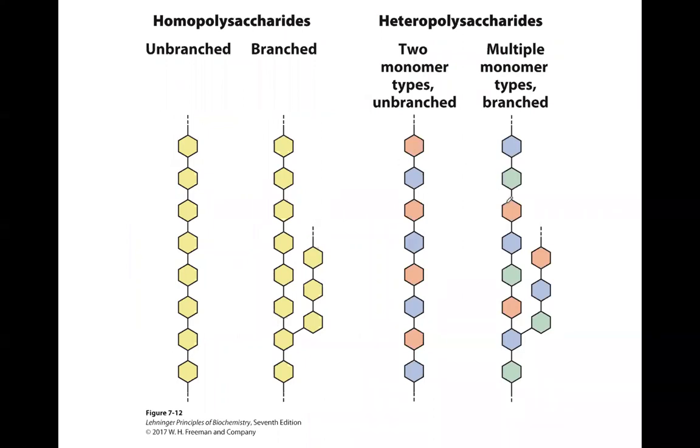Now this is the same idea, only with the heteropolysaccharide, where the units are different. Here they're alternating. So in this case, it's almost like you have disaccharides as a single unit, right? Like so.